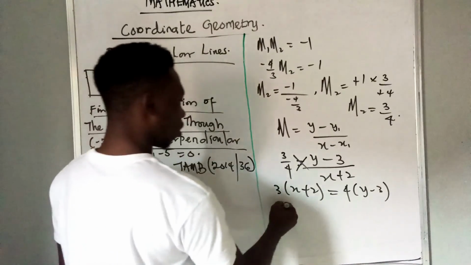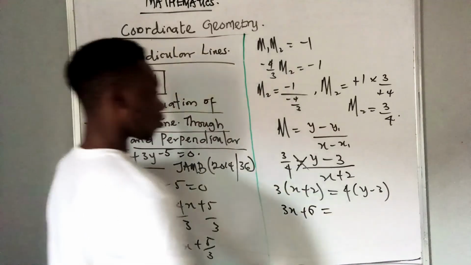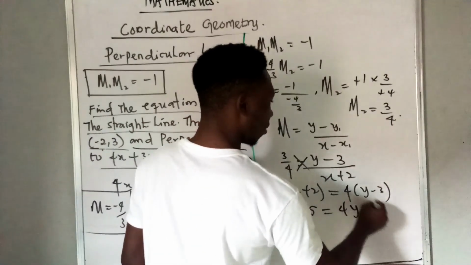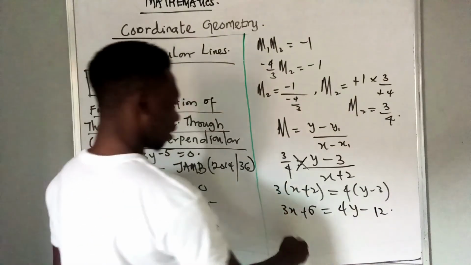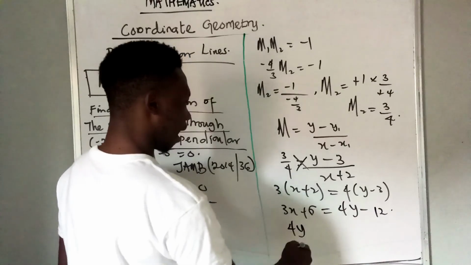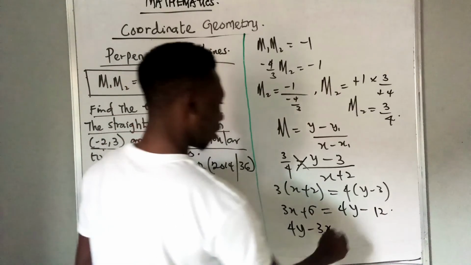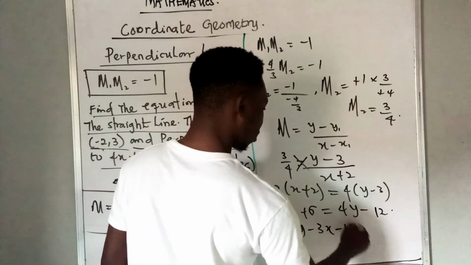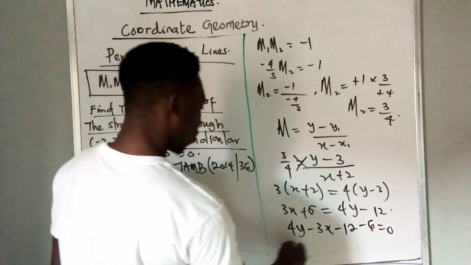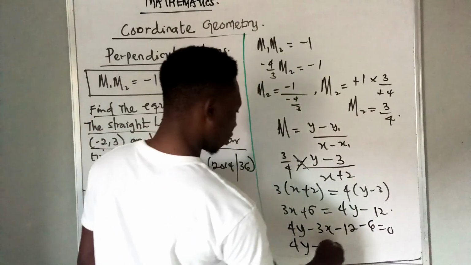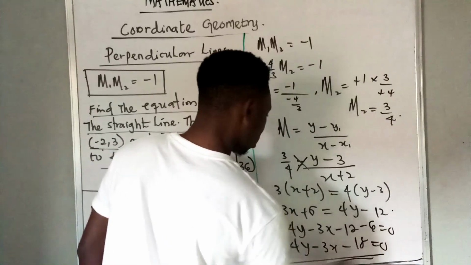So expanding this becomes 3x plus 6 is equal to 4y minus 12. So bringing everything to one side, that's 4y minus 3x minus 12 minus 6 equal to 0. So 4y minus 3x minus 18 is equal to 0.